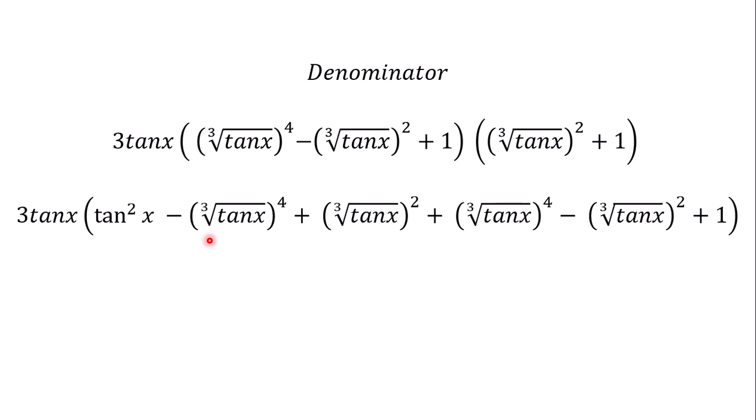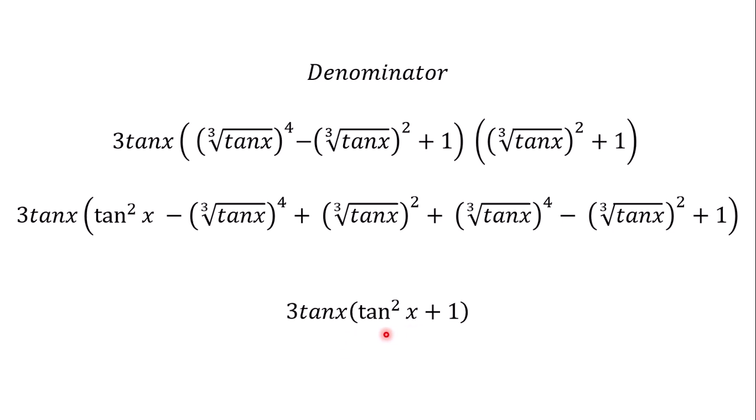So this cancels out with this, and then this cancels out with this, and we are left with what? 1. So actually it's going to give us what? Tangent x squared. Then we multiply it by this. Tangent x squared.